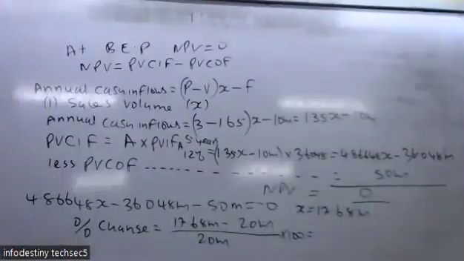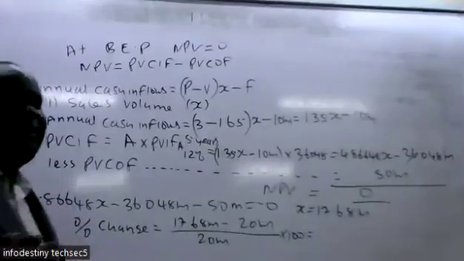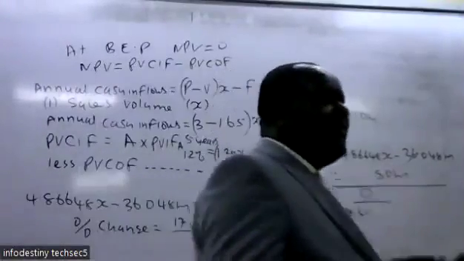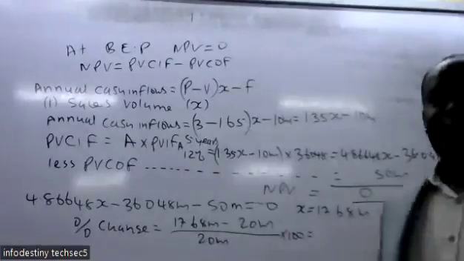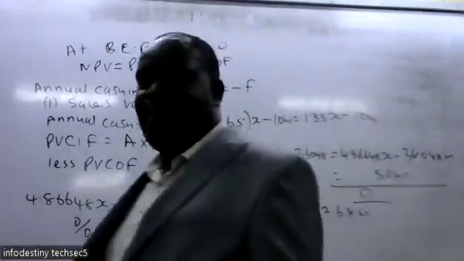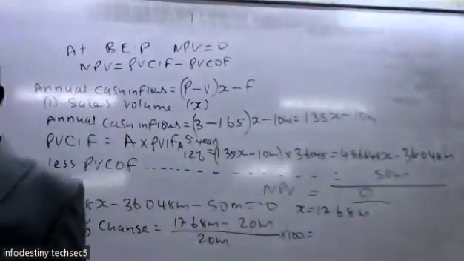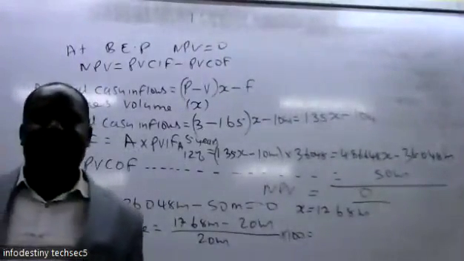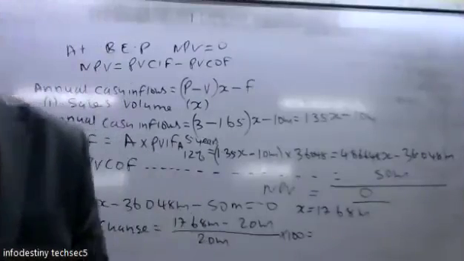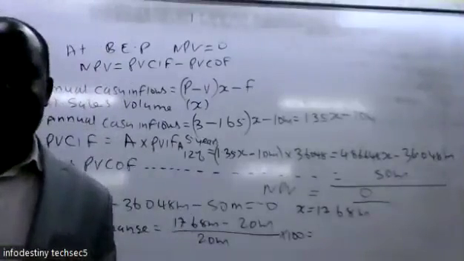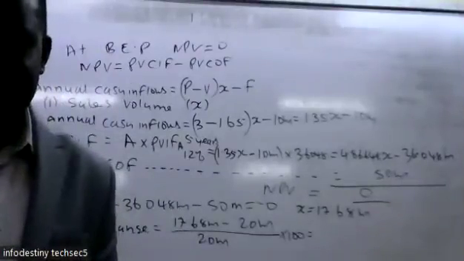So that's now the effect. Are we all getting 11%? It is 11 point something, isn't it? 11.6. Online, you are getting 11 point something, because of the rounding off. So roughly it is 11.6.